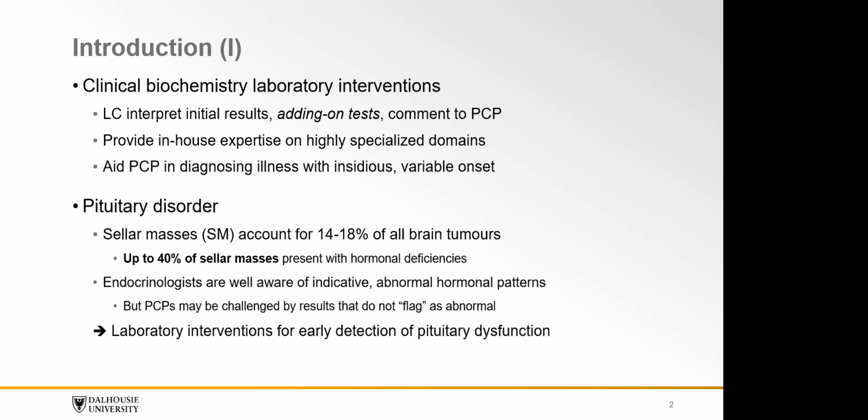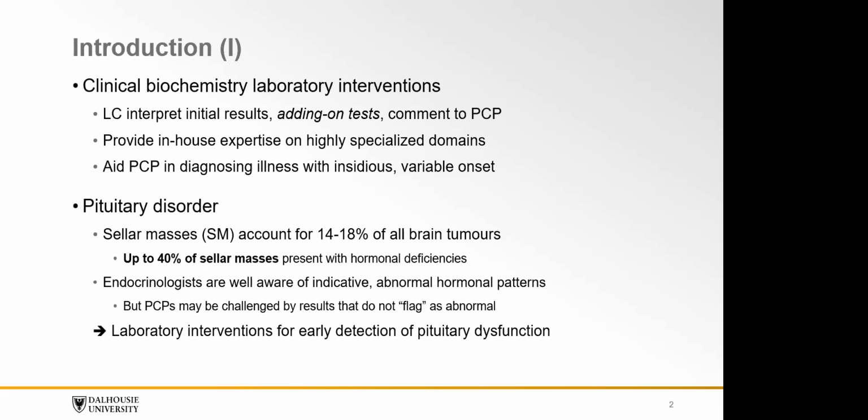So this provides in-house expertise on what in the end are highly specialized domains, such as pituitary disorder, to general care practitioners, and aims to help them in diagnosing illnesses with complex, insidious, and variable onset.